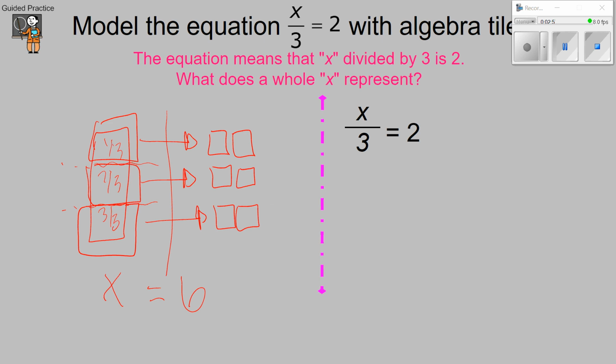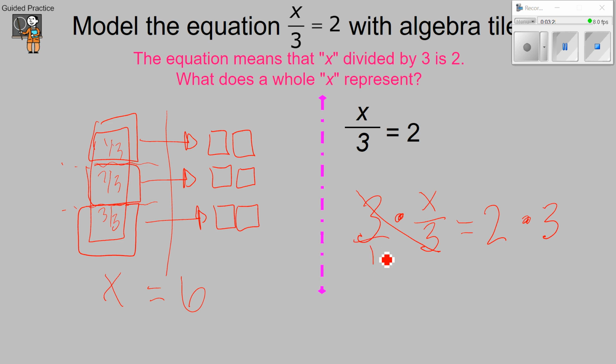Now, what did I do mathematically? We talked about the inverse operation. Well, if I'm dividing by 3, in order to solve this, I have to use multiplication. And so what does that look like? That looks like this. Okay, so 3 times x over 3, this becomes 1, right?